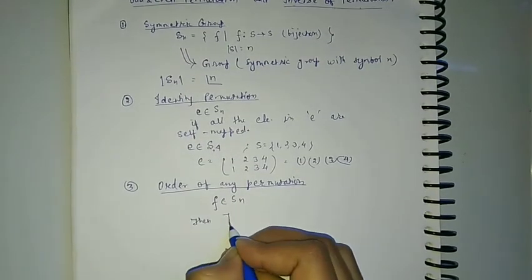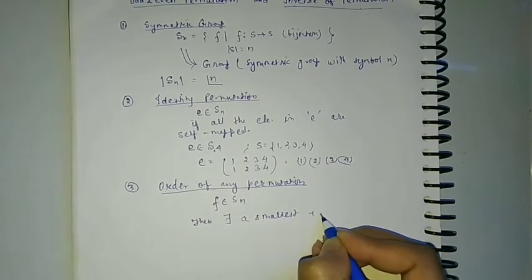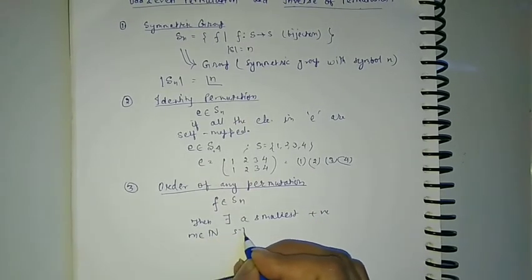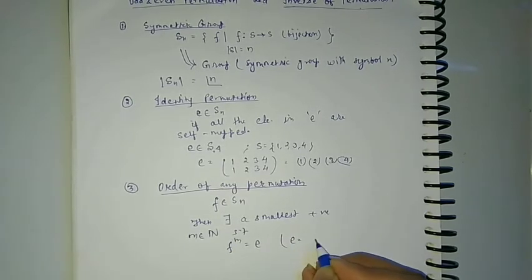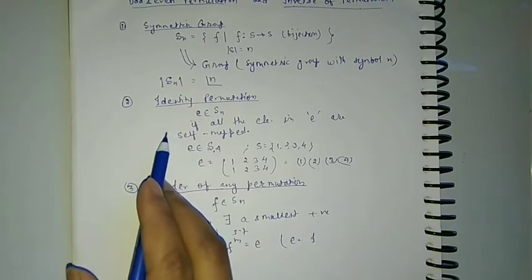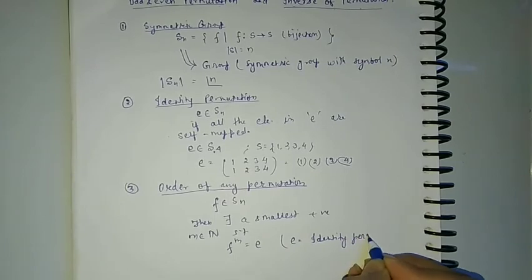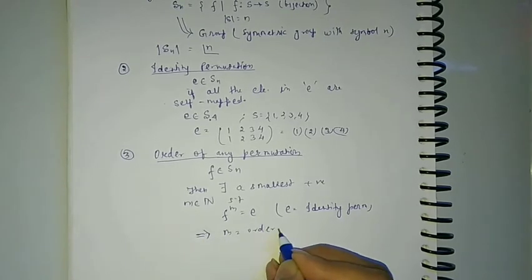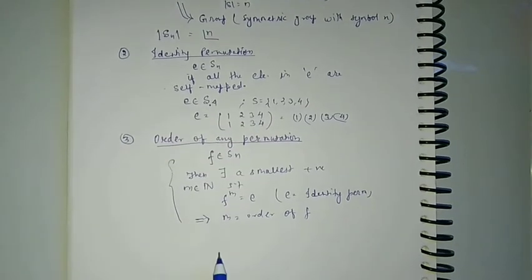Then there exists a smallest positive natural number, say m, such that f raised to the power m is equal to E, where E is the identity permutation discussed here. Then this m, the smallest natural number, is called the order of the permutation f. This is the basic definition of the order of any permutation.